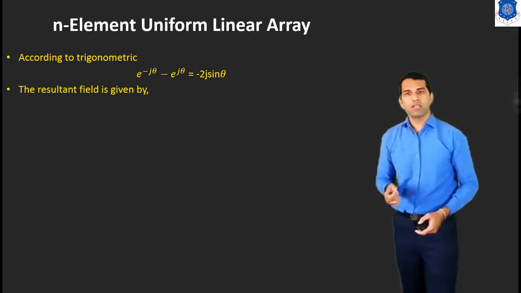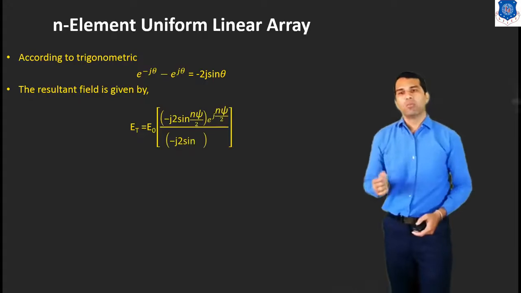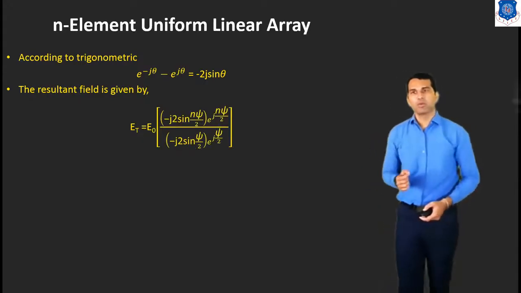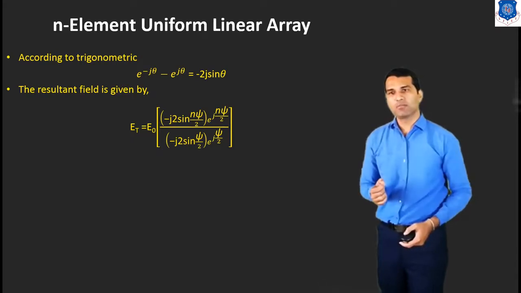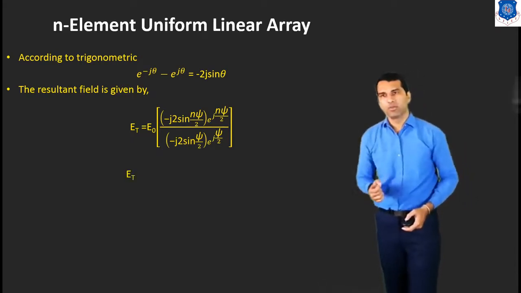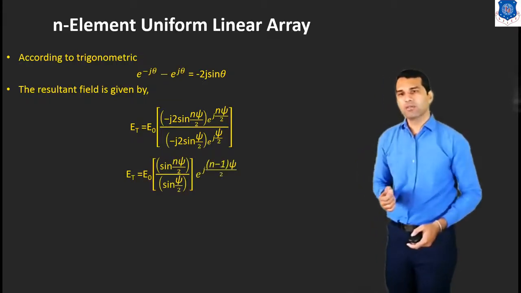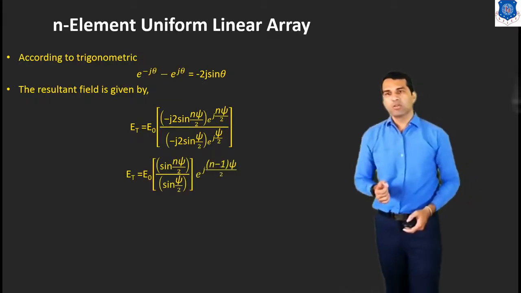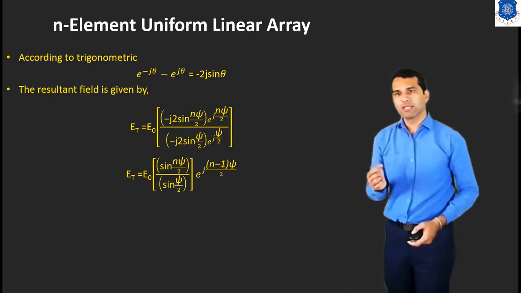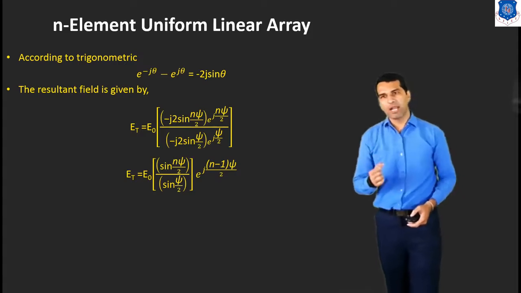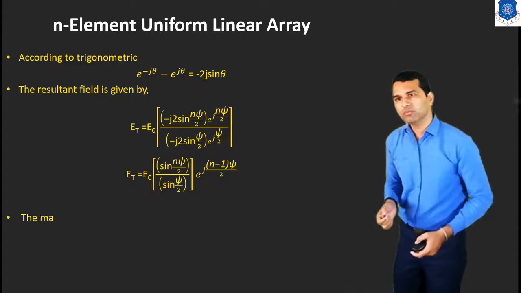So the resultant field is given by Et is equal to E0 times minus 2j sin(n psi by 2) e raised to j n psi by 2 upon minus 2j sin(psi by 2) e raised to j psi by 2. Now we solve this equation. We get Et is equal to E0 sin(n psi by 2) upon sin(psi by 2), times e raised to j(n minus 1) psi by 2.